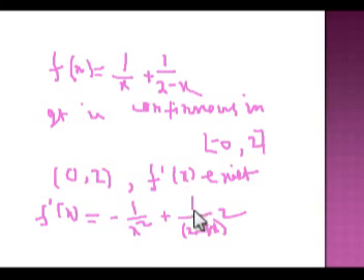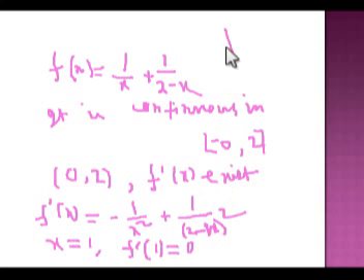So what is the important thing? If you take x equal to 1, then this will be minus 1 and this will be plus 1. So at the point x equal to 1, you will find that the first derivative f'(1) is equal to 0. So according to the converse of Rolle's theorem, f(0) must be equal to f(2).